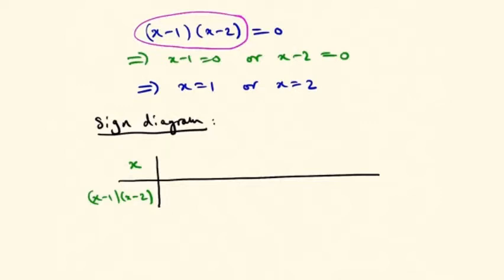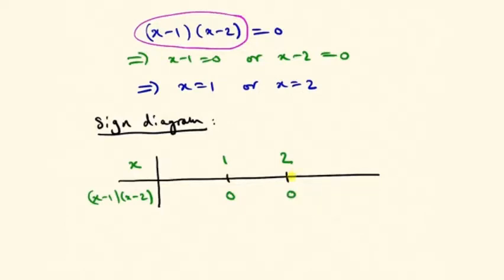So in this example, the expression is 0 when x is 1 or 2. So I label those points on the x side as 1 and 2. On the expression side, I put the expression evaluates to 0.